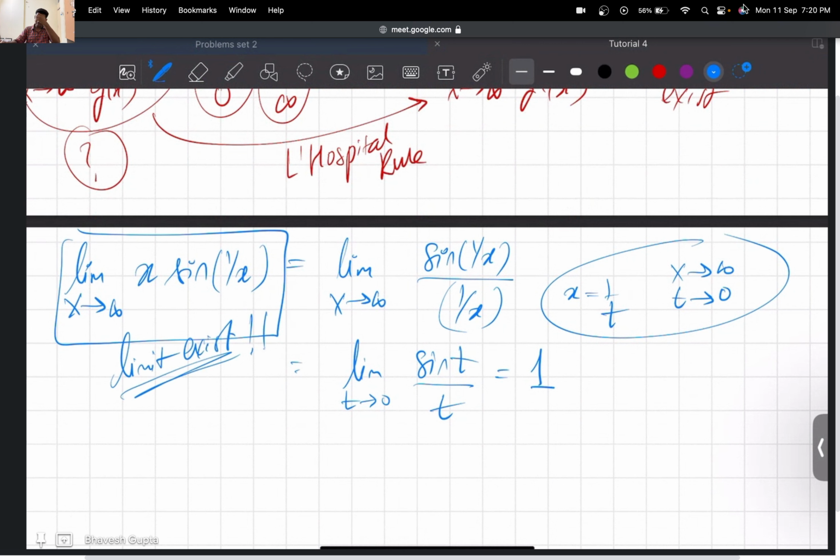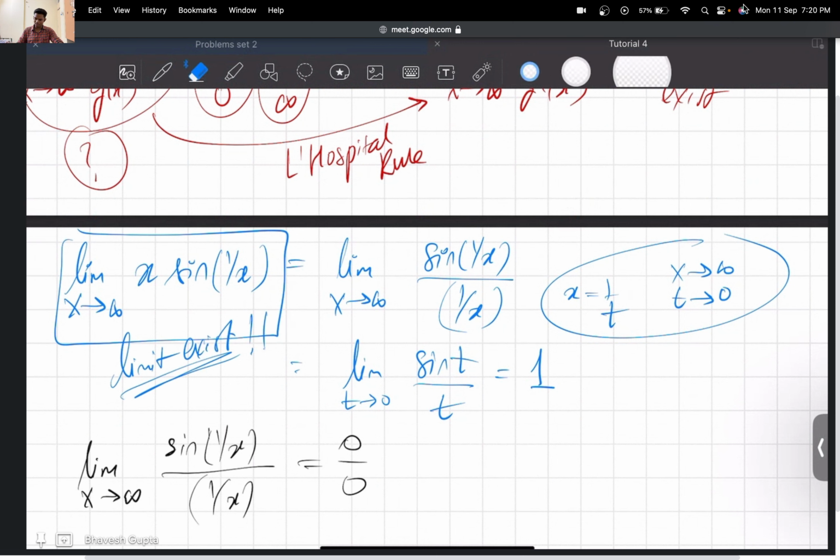But what if I write this in this manner? I mean this exact same way, which was earlier, but now take a derivative, because this sounds to me like some 0 by 0 form, right? So this suggests I take L'Hopital's rule, and let's check whether this is true or not.